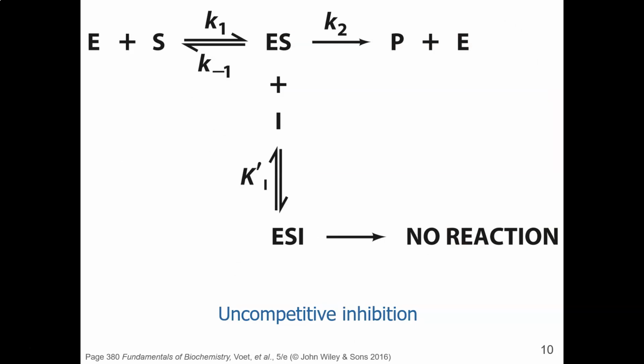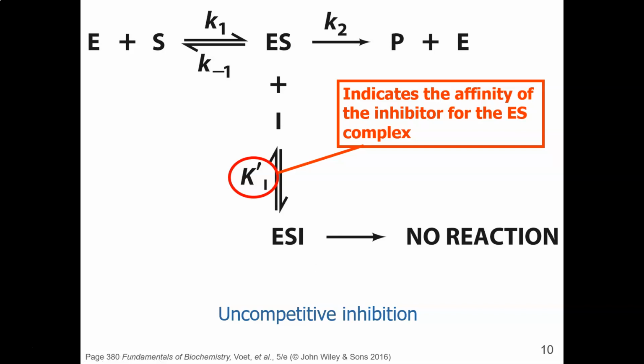So we can write our equation like this. The enzyme binds to the substrate to form the enzyme-substrate complex, and maybe the substrate is converted to product. Or maybe the inhibitor binds first, and we get an enzyme-substrate-inhibitor complex.